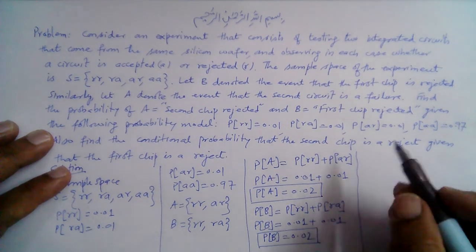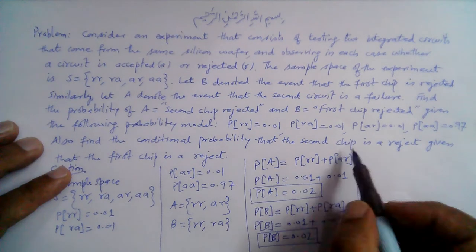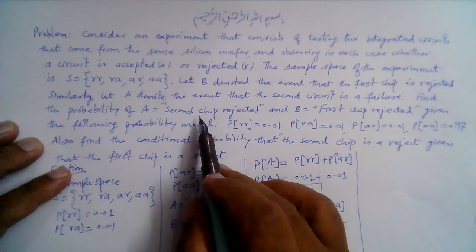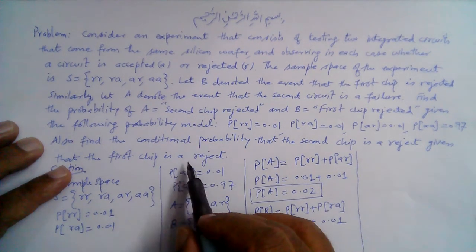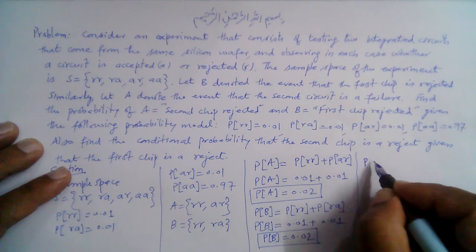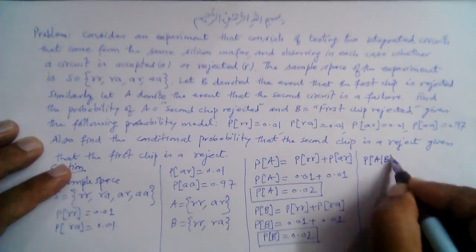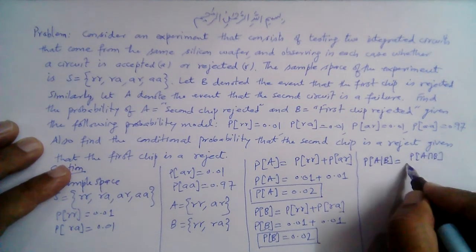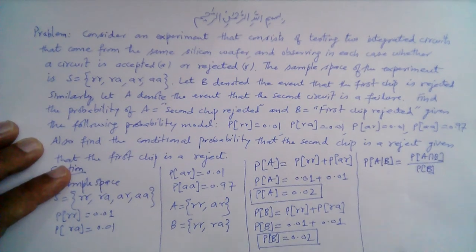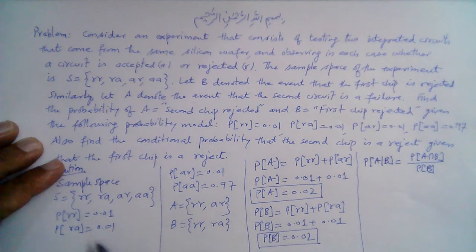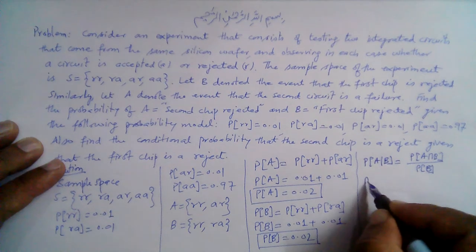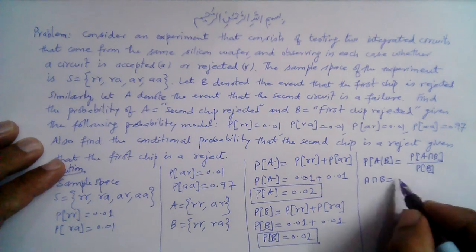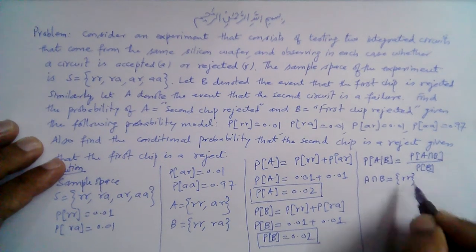So let's now find out the probability that the second chip is rejected, which is event A, given that the first chip is rejected, which is event B. So we are now interested in finding the probability of A given B, and this is equal to the probability of A intersection B divided by the probability of B. From here we can find the intersection of A and B. A intersection B is simply this event RR, right?